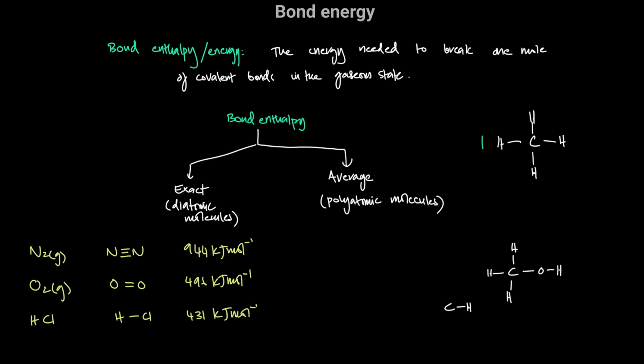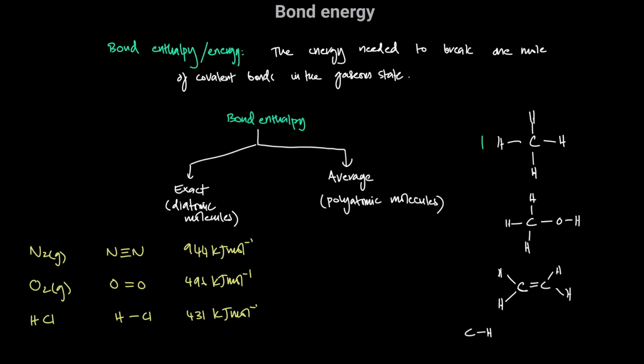Similarly, in ethene I have C double bond C, and we know that here the carbon atom is sp2 hybridized. So again, the strength of the C-H bond may be slightly different in ethene, in methanol, and in methane. They're going to have different values.